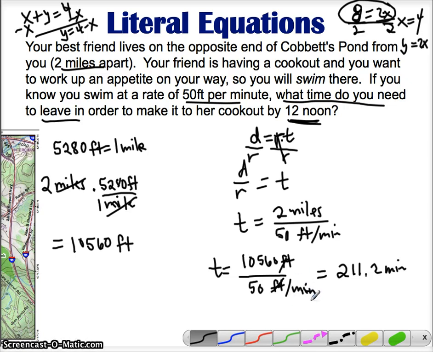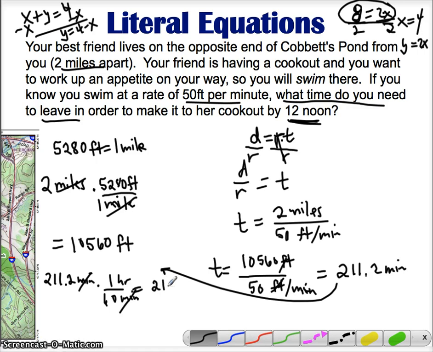Now, would you say you have to leave 211 minutes prior? No. Let's change that to hours. So I'm going to come over here. 211.2 minutes times, we know that there's 1 hour for every 60 minutes. So again, unit conversion, the minutes cancel. And what you're going to end up doing is 211.2 divided by 60.